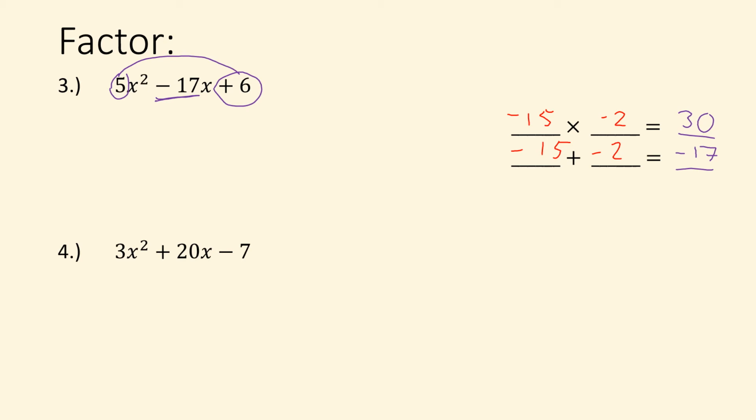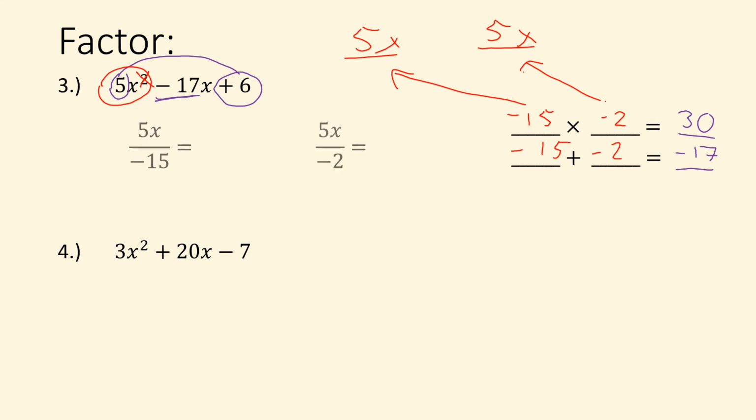Once we have those numbers, we take this first term and drop the exponent, so it's just the 5x, and we put it on the top of two fractions. And we put each of these numbers underneath it, like this.